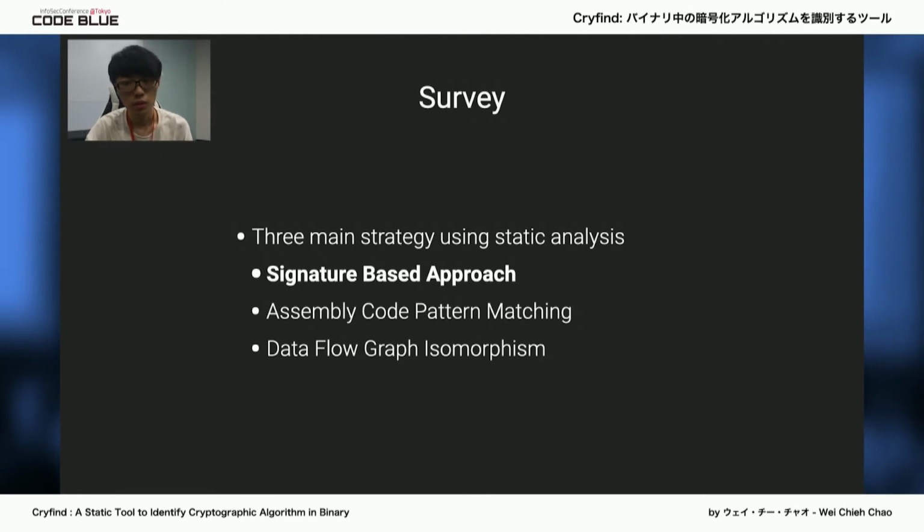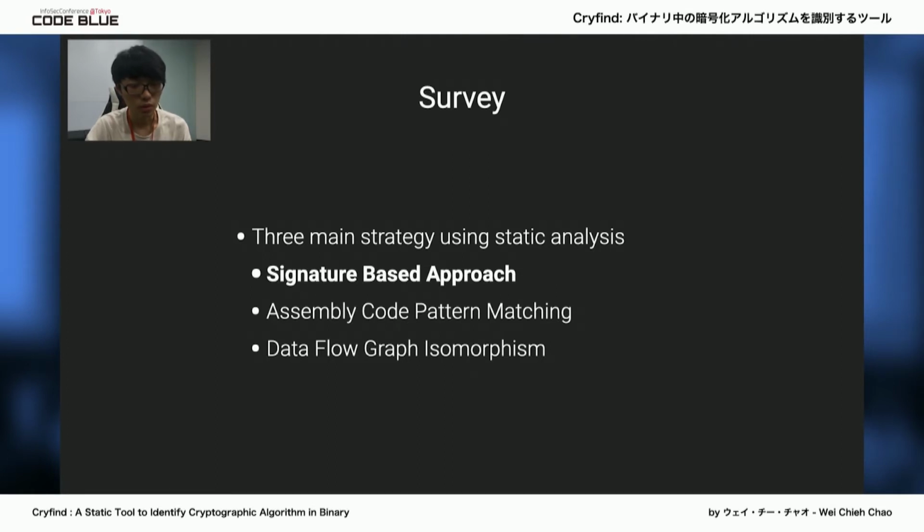The second method is to collect a lot of cryptography algorithms, build an assembly code pattern database, and do pattern matching. The difficulty in this method is to collect enough cryptography algorithms and build the patterns, and also a simple optimization may easily break it.